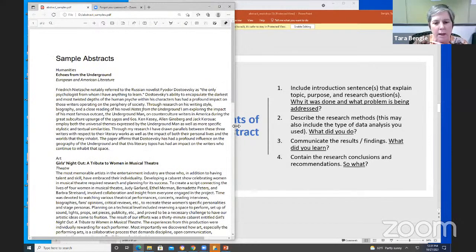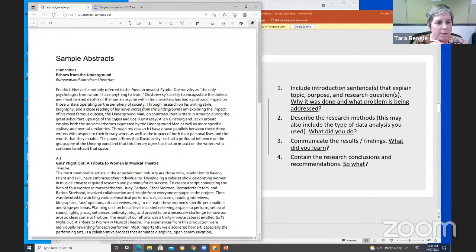So looking at this example about the Nietzsche book, or Nietzsche and Dostoevsky. Can you identify why it was done and what problem is being addressed?